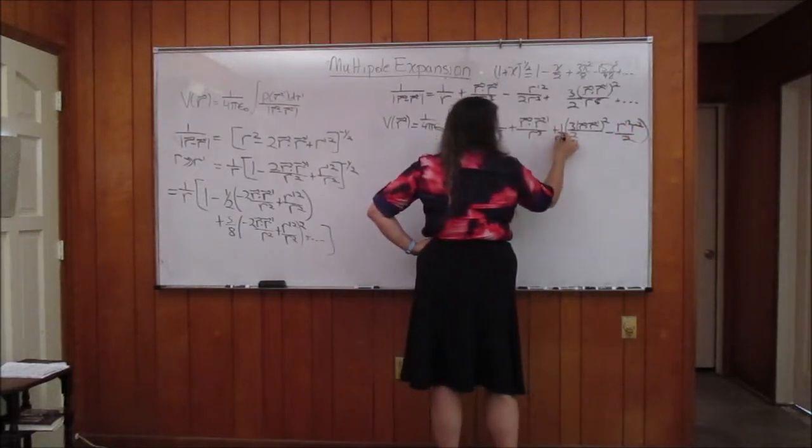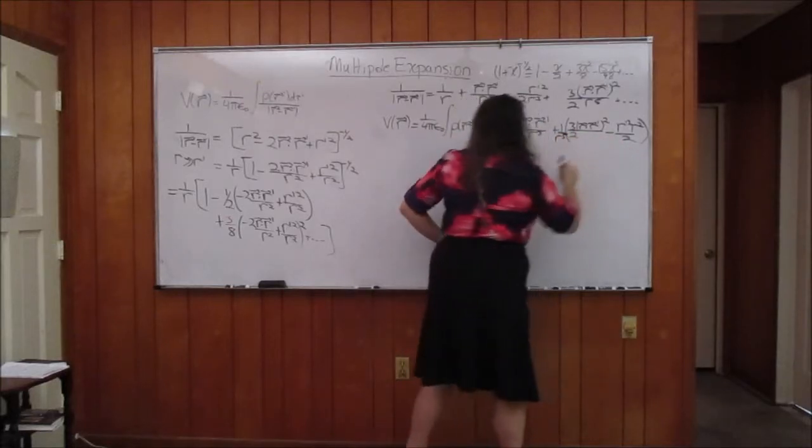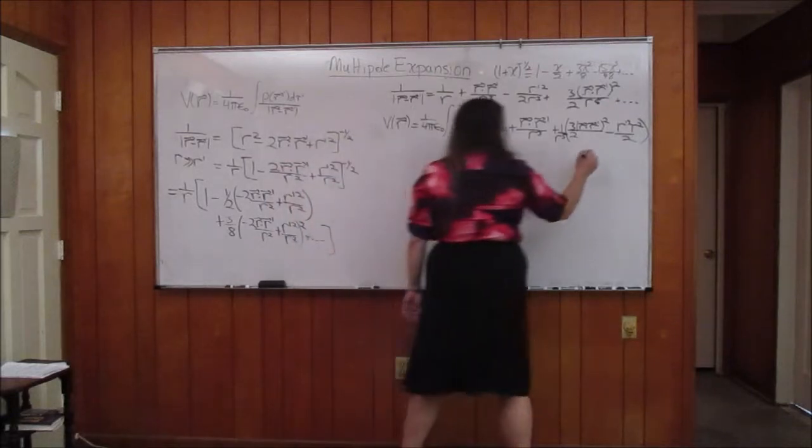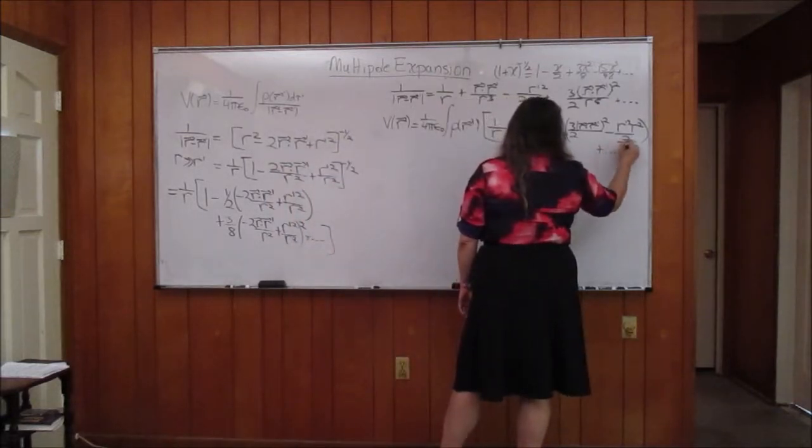And then we get a factor of 1 over r to the 5th out front. But again, that does in fact go as 1 over r cubed, and so forth.